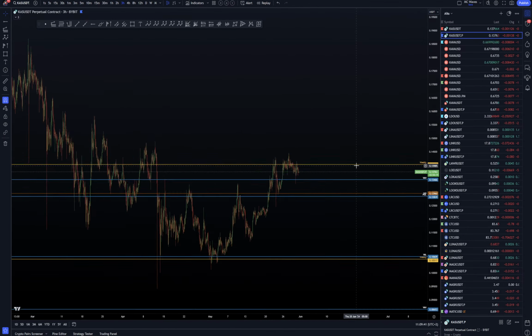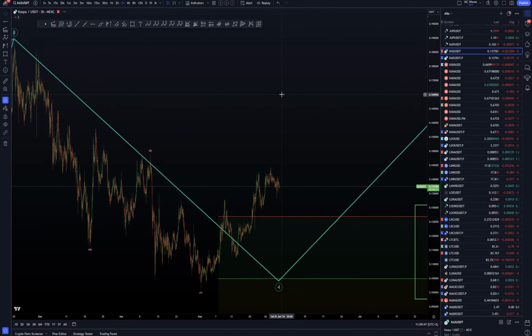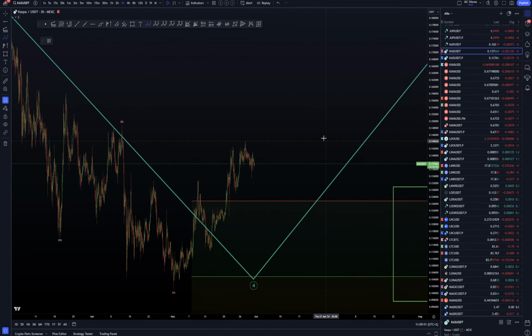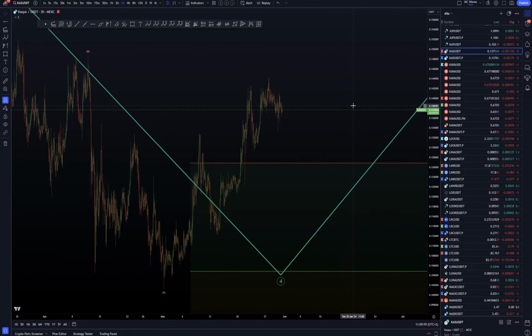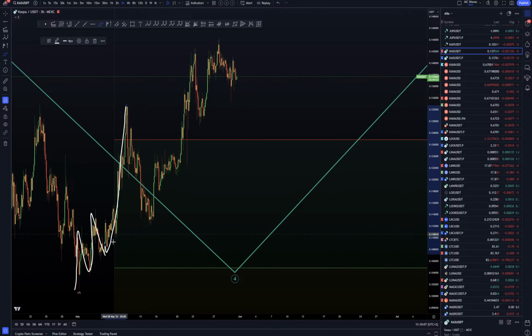How is it looking on that one? Well, these are some crazy 5 waves, like wave 1, 2, 3, 4, massive wave 5 for a leading, with 5 waves in there, of course.